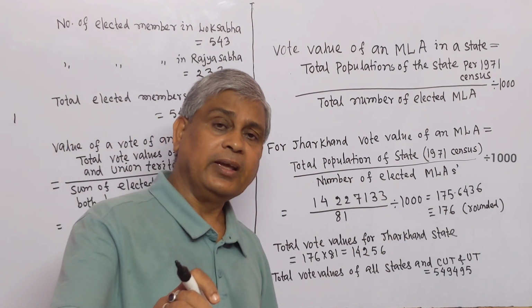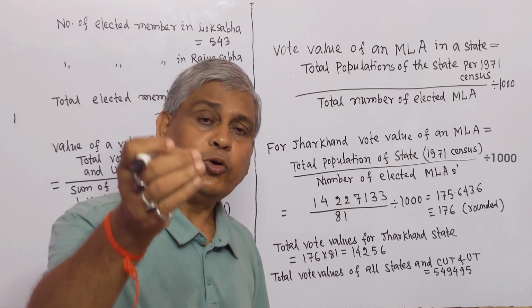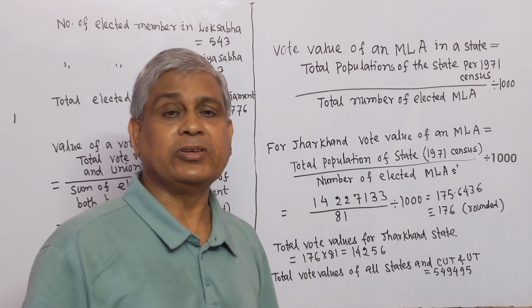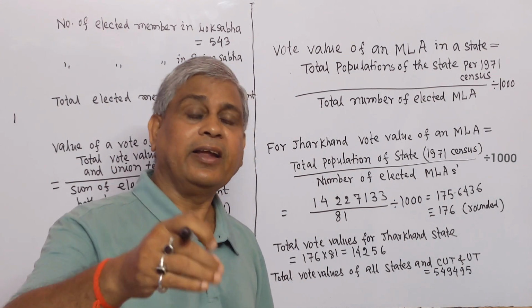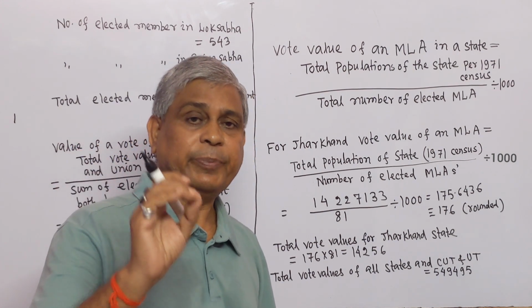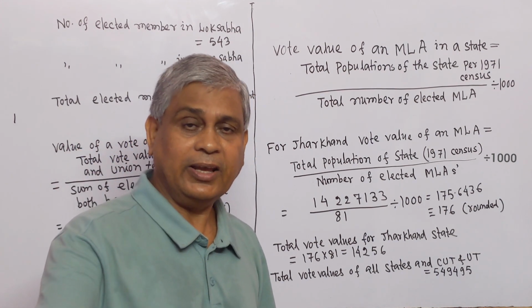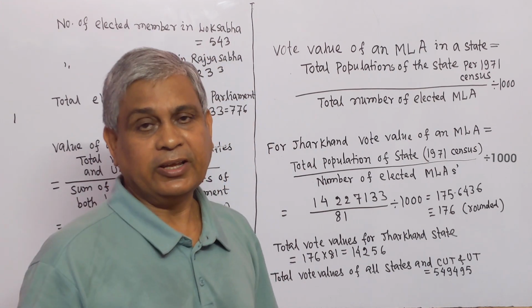In this way, we will get total vote values of MLAs of different states and union territories, that is Capital Territory Delhi and Union Territory Pondicherry.